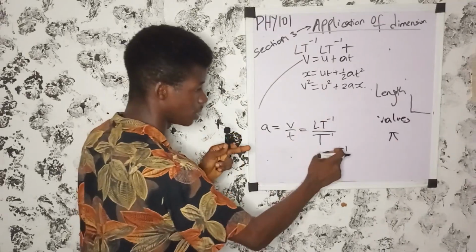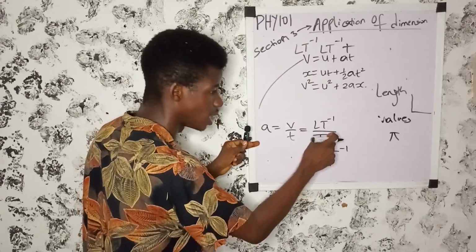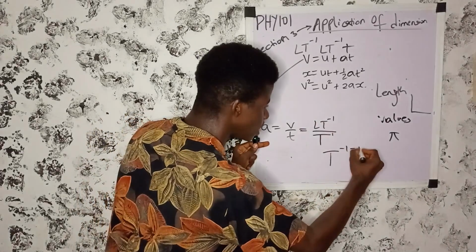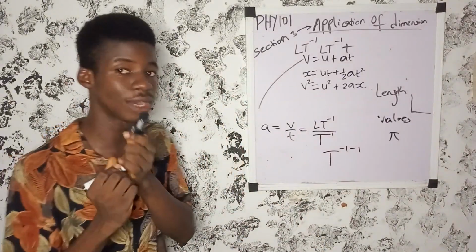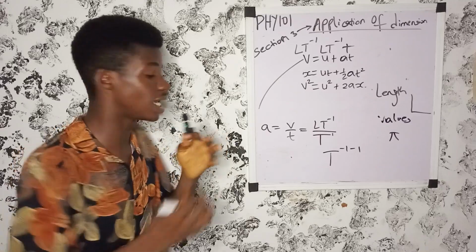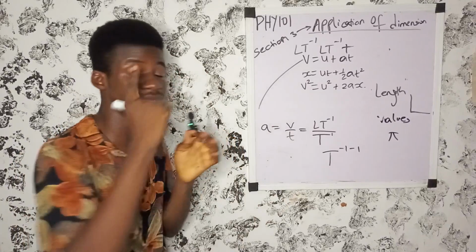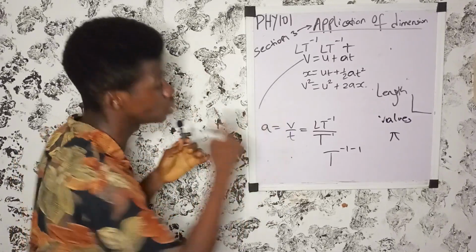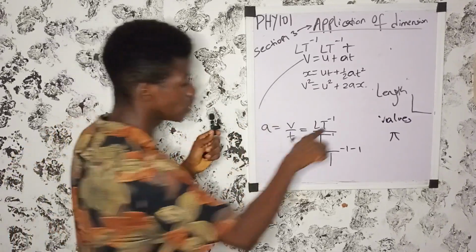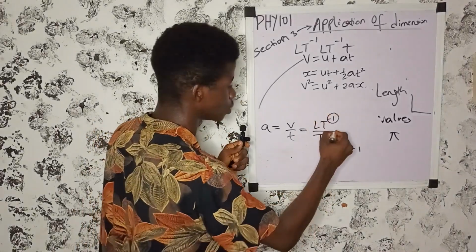So the power of this one is minus 1, then the power of this one is 1. So we need to subtract their powers. Remember, according to indices, when two bases are dividing each other, we take out one of the bases, then we subtract their powers, okay? This one's power is minus 1, this one's power is 1.